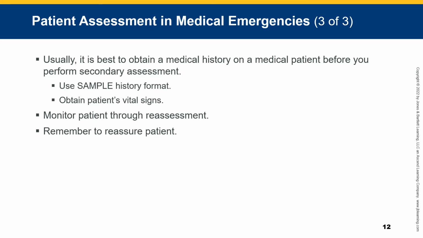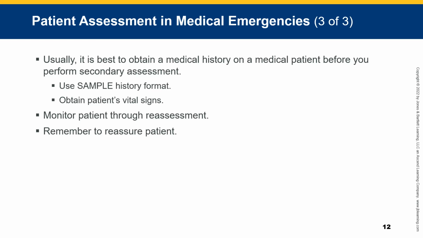That includes over-the-counter and herbal supplements and vitamins. P stands for pertinent past medical history. L is the last oral intake of food or fluids. And E stands for events associated with or leading to the illness or injury that you're there to respond to.